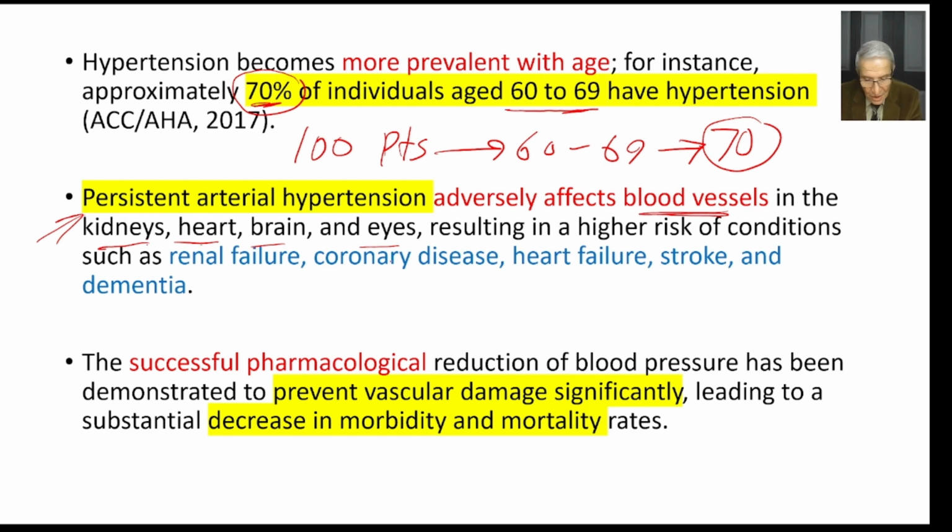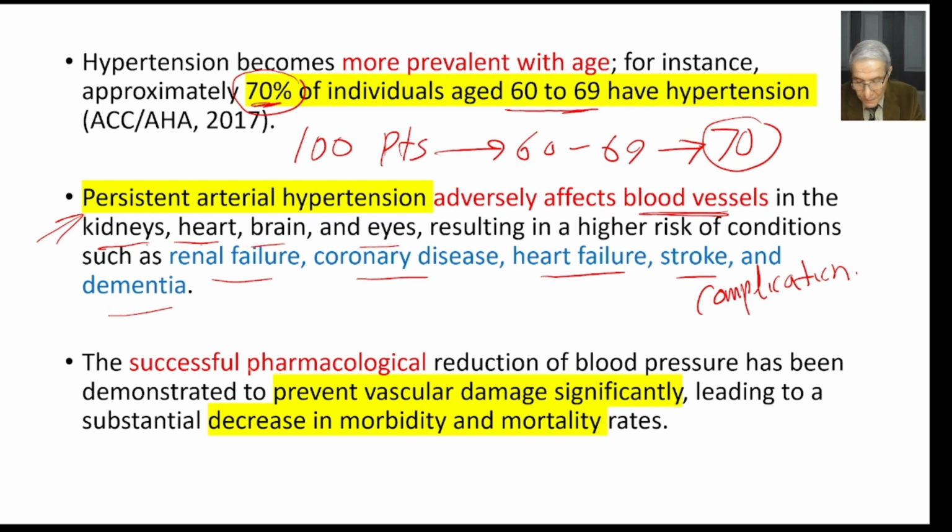This will lead to renal failure, coronary disease, heart failure, stroke, and dementia. All these are considered complications. So if you leave this disease without treatment, these are complications of hypertension, affecting vital organs such as the kidney, heart, and brain.